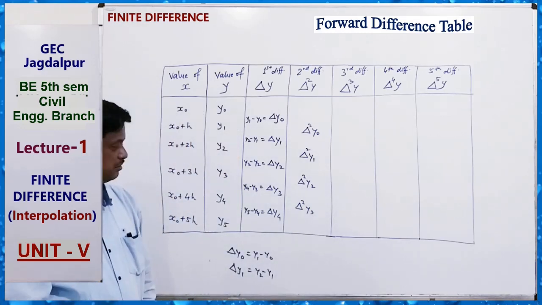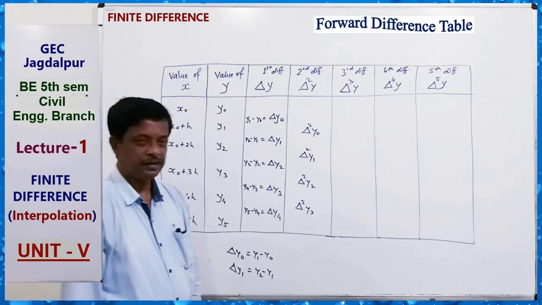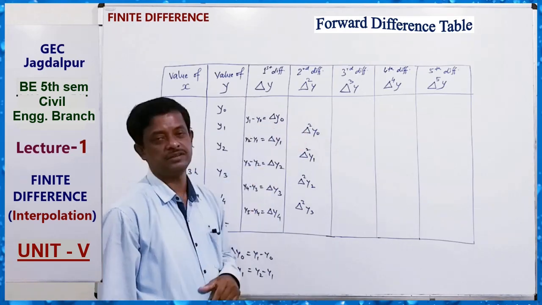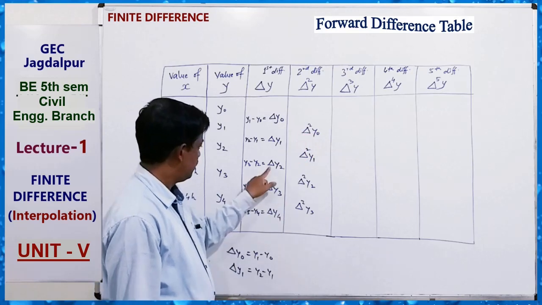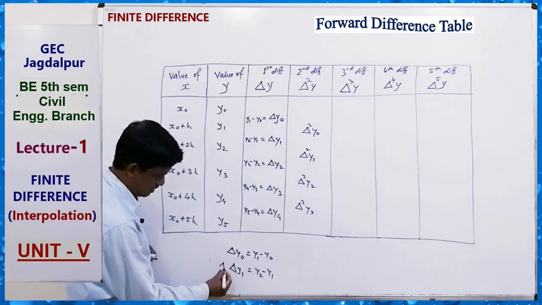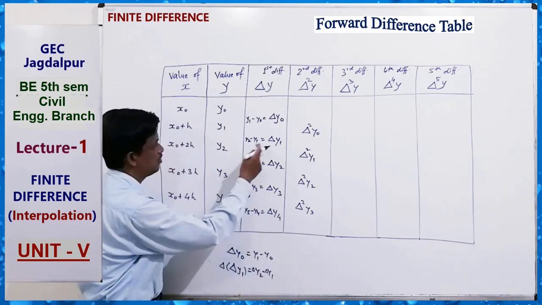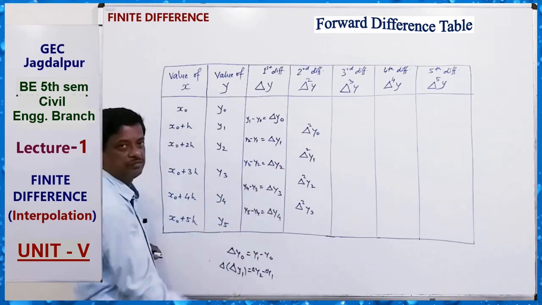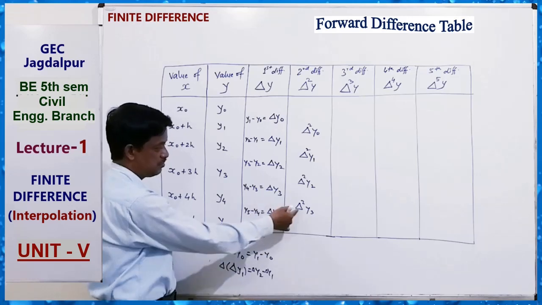You can see from here that del y1 minus del y0 means del 2 y at 0. Del y2 minus del y1 means again a difference, del 2 y1. Similarly, this minus this means this.